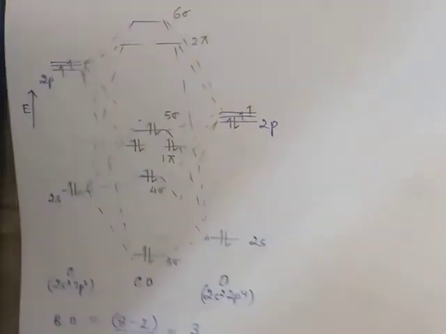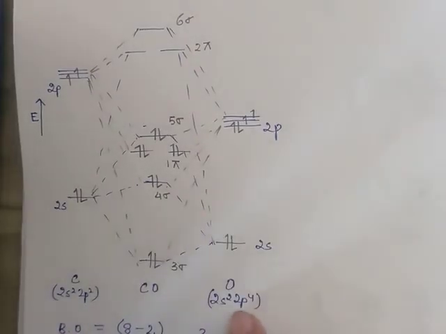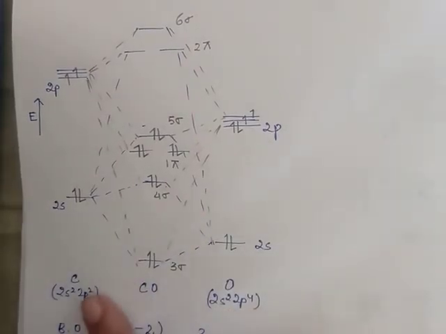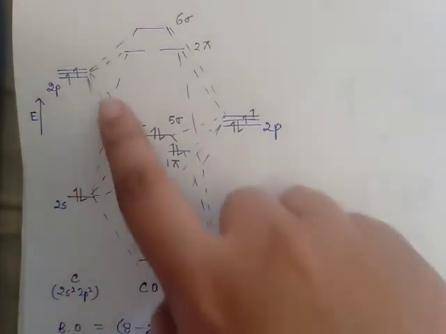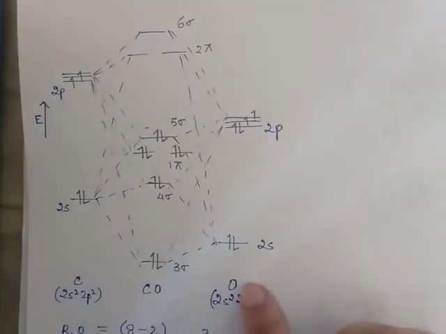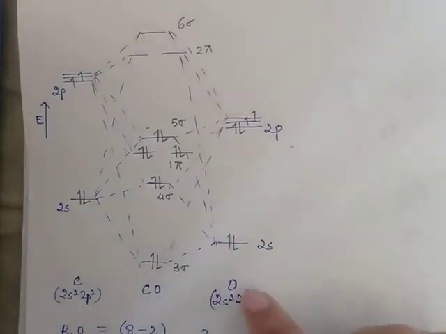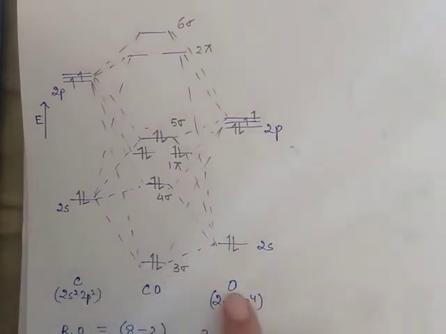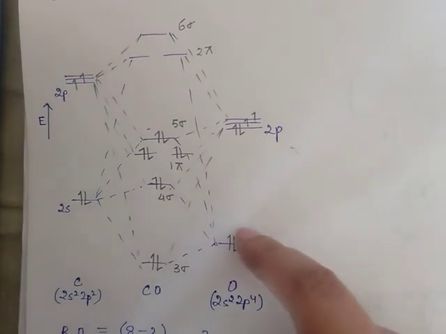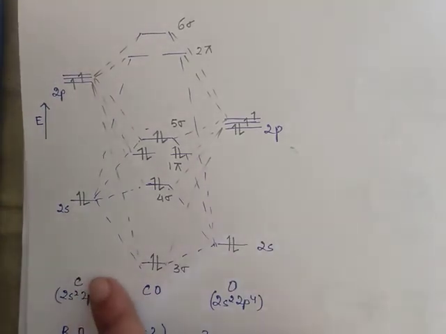Now what needs to be understood here is, oxygen 2s2 2p4, carbon 2s2 2p2. 2s and 2p have been drawn here for carbon, and over here this is the oxygen 2s and 2p. Since oxygen is more electronegative than carbon, all the atomic orbitals are of lower energy than those of carbon.